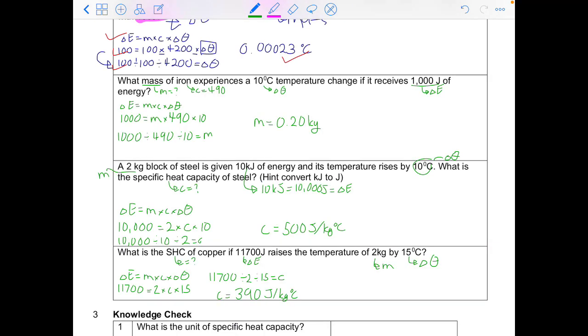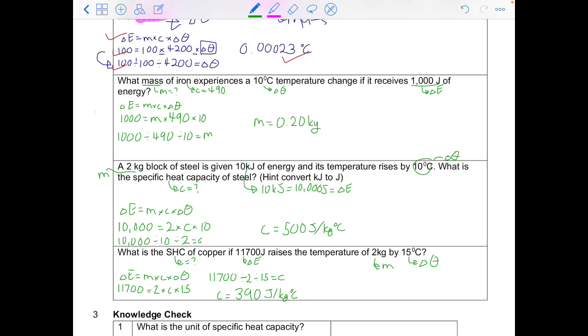So here we have the answers to those 3 questions. Make sure you have all the steps written down. It is a really good idea to go through the question and make sure that you know all the bits before you start, so that you know what you need to find out. So for the first question here, we have the mass of iron that experiences a 10-degree temperature change if it receives 1,000 joules of energy.